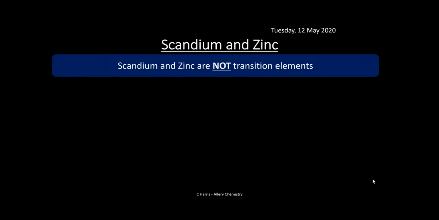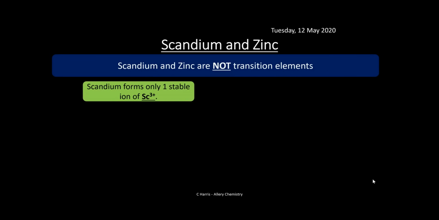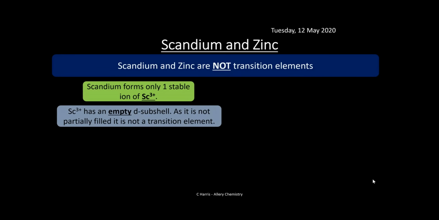Okay, so let's look at scandium and zinc, because these are a little bit strange as well. Scandium and zinc are not transition elements. That's very, very important. Scandium only forms one stable ion, which is scandium 3+, and it has an empty d subshell when that ion is formed.